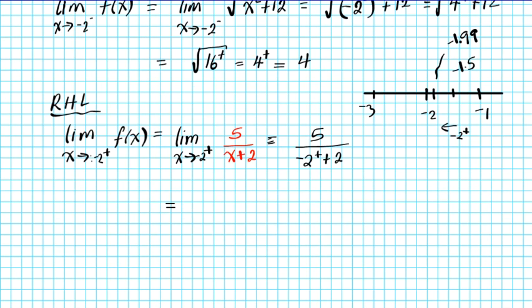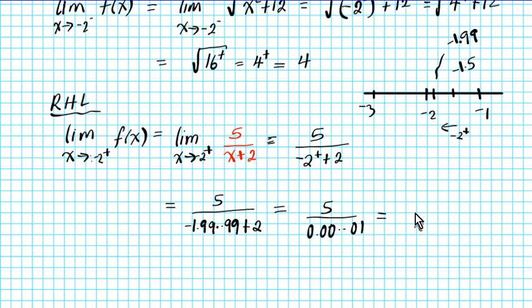So this basically becomes 5 over -1.99, an infinite number of 9s, plus 2. When you add these two together, you have 5 over 0.00, an infinite number of zeros, 1. Okay?